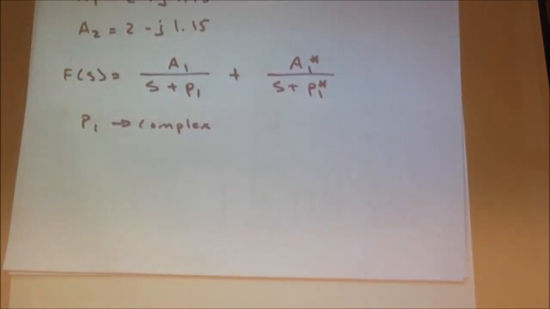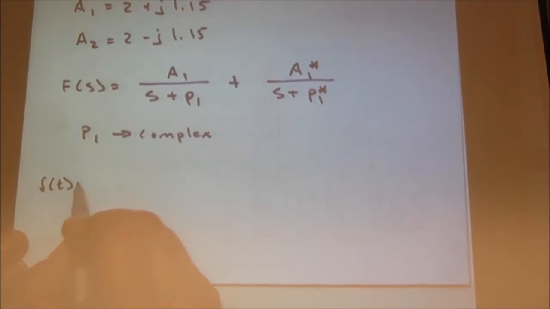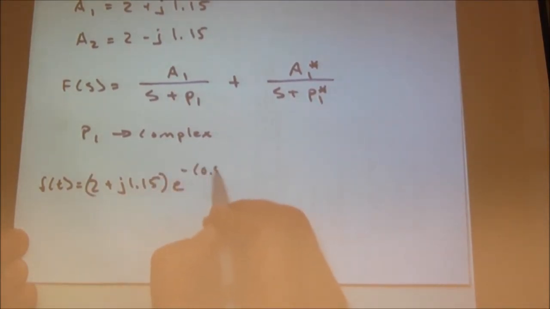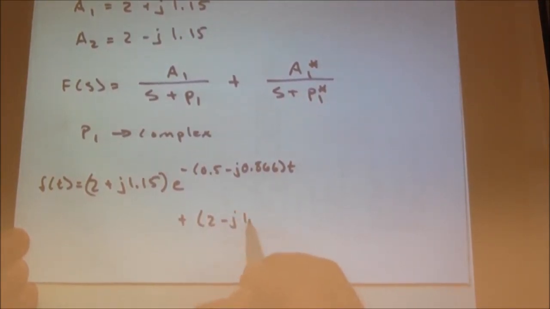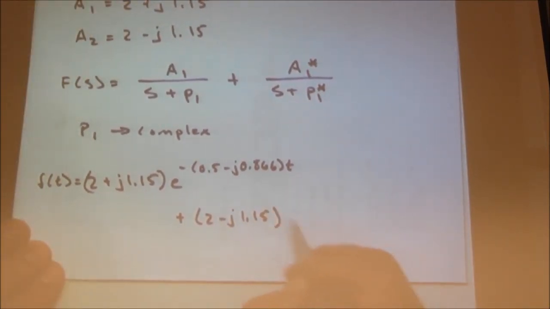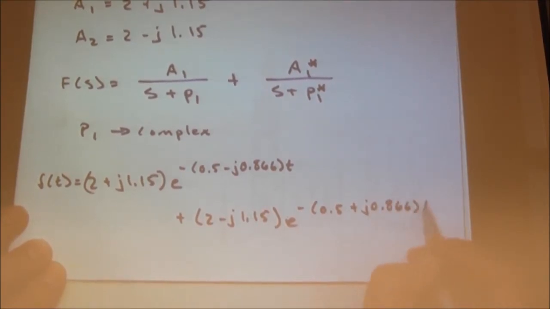I mentioned this earlier. In the solution of this, we could take the inverse Laplace transform and we could write it out as 2 plus j 1.15, just to substitute in what we've already done, e to the minus 0.5 minus j 0.866 t plus 2 minus j 1.15, sorry, I wrote out the right thing, e to the minus 0.5 plus j 0.866 t.